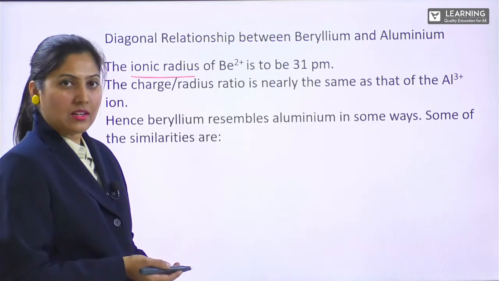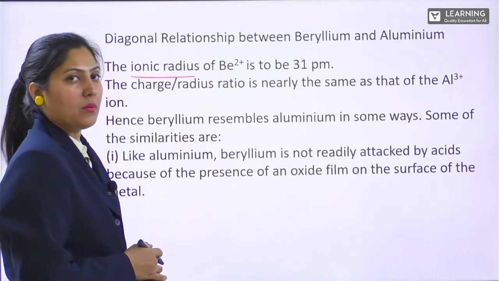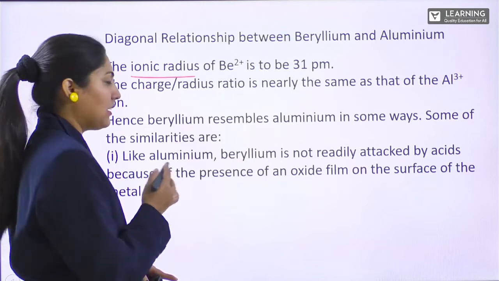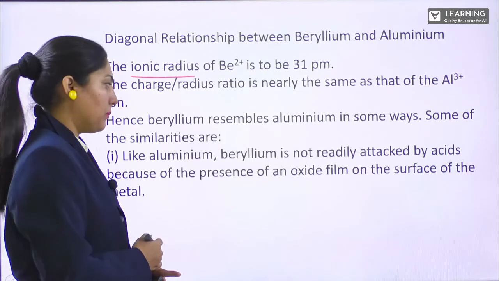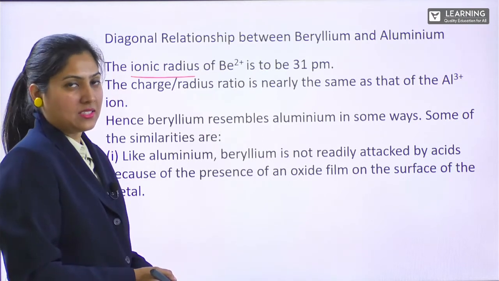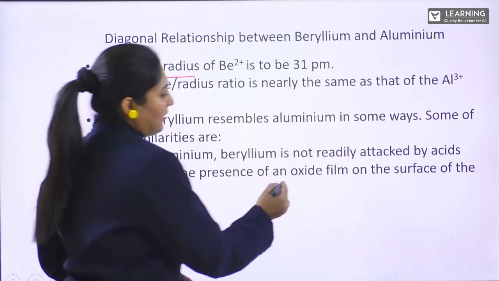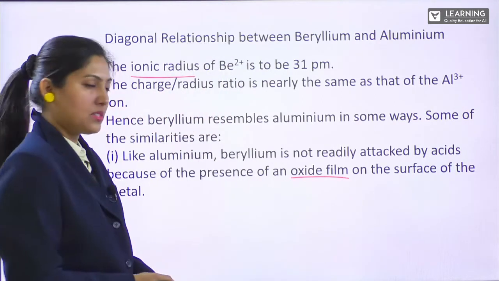Beryllium resembles aluminium in some ways. The similar properties of aluminium and beryllium are that they are not readily attacked by acids, as they are amphoteric in nature, because of the presence of an oxide film on the surface of the metal.